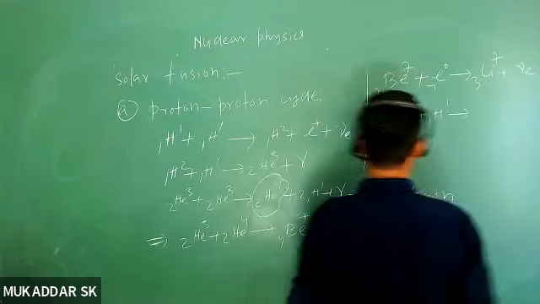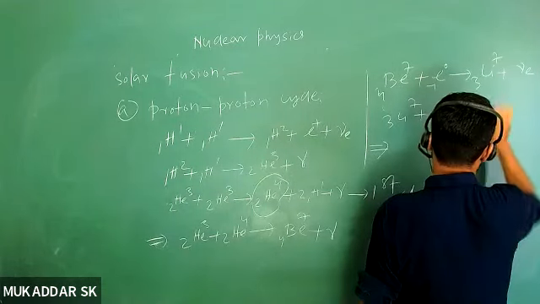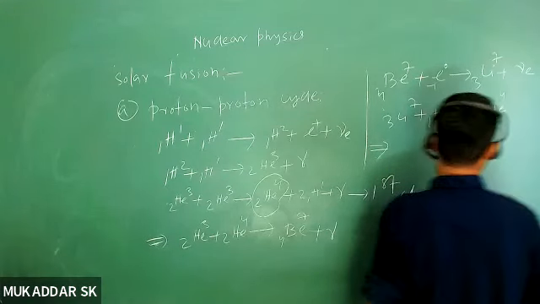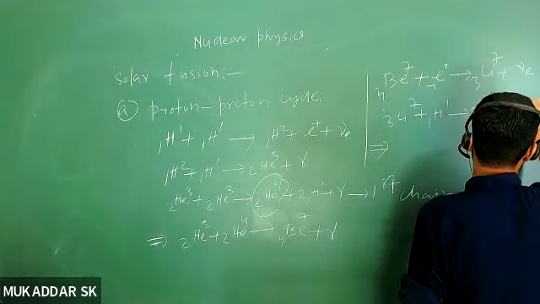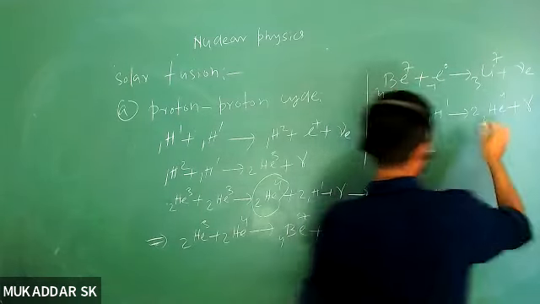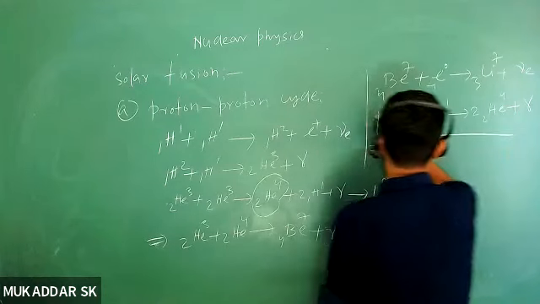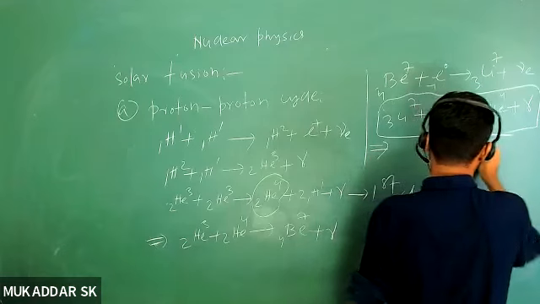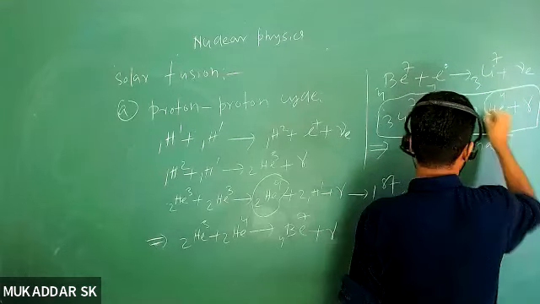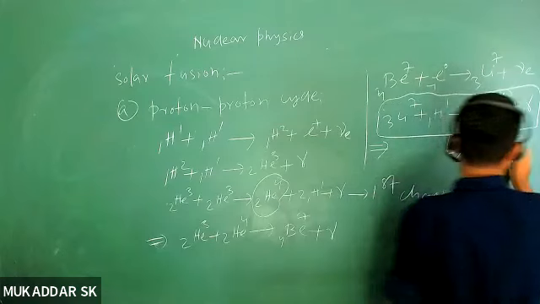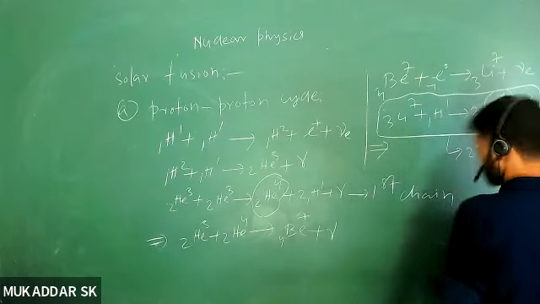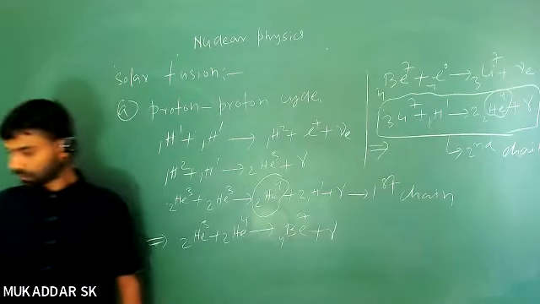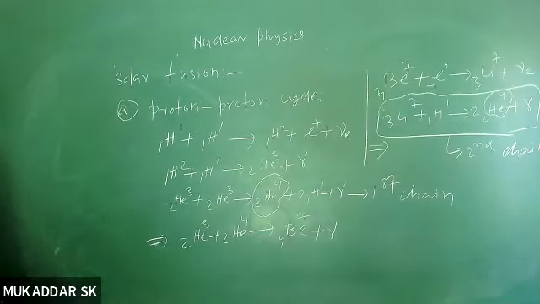Then what will it give? Two helium, and there is emission of a photon. So this is known as the second cycle or second chain. Here you see there is production of helium.